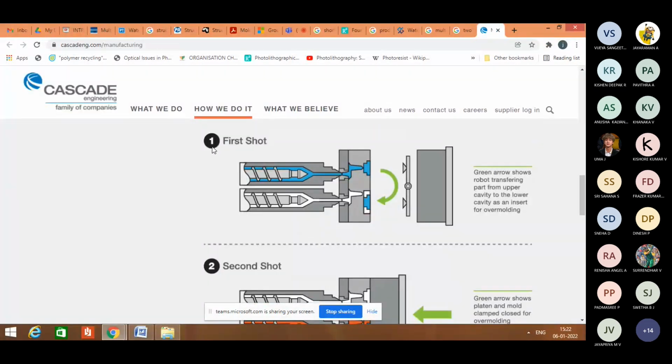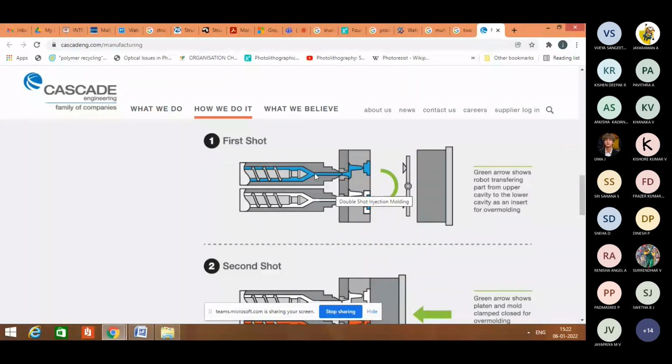Okay. So this is the principle that is followed in the two-color injection molding process. Here, two injection units are used. Each injection unit provides the material flow into the mold section.